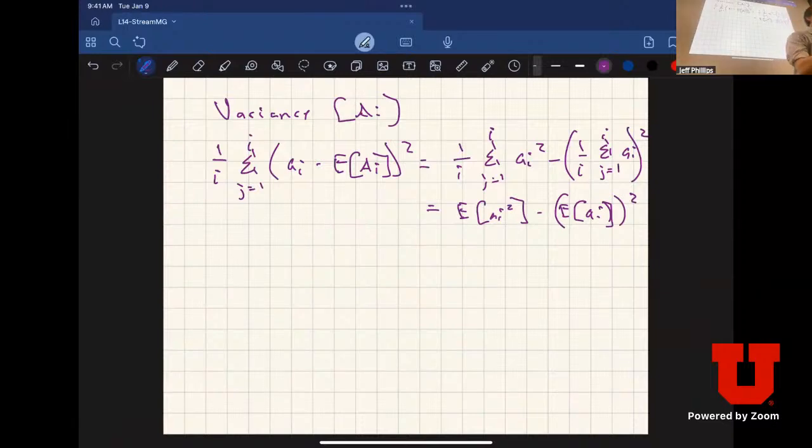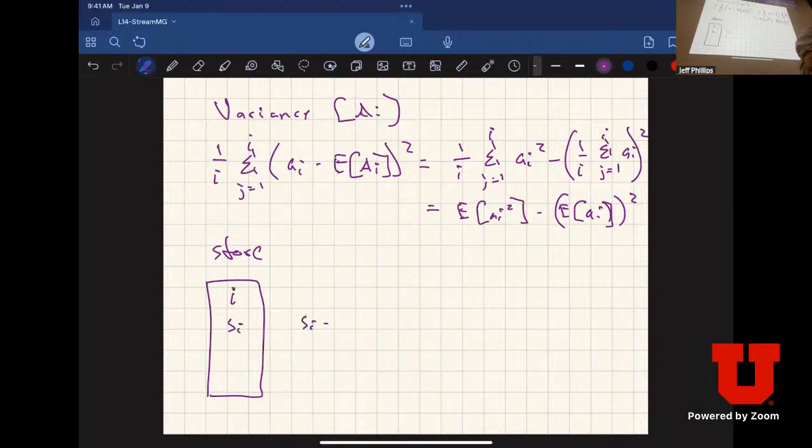So then I can store in my memory the value I, the sum S_i, which is the sum of j equals 1 to I of A_j, and then I can store Q_i, the sum of A_j squared.